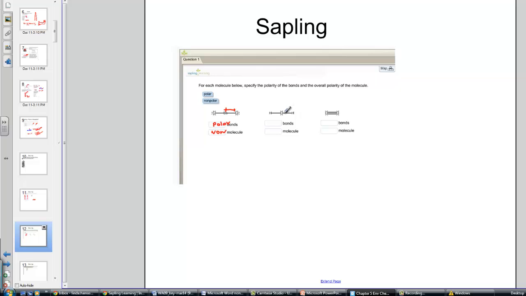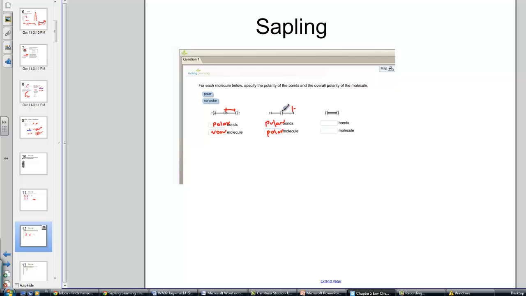Here's a water molecule. We said water has 4 domains, so the molecule is polar. Not all 4 domains are exactly the same. I can look up, look down, and see electrons. Look left, look right, and see hydrogens. That's a not symmetrical central atom, so it's a polar molecule. And we can clearly see that the bonds are polar, knowing that you'd be pulling them towards the oxygen, the more electronegative element.